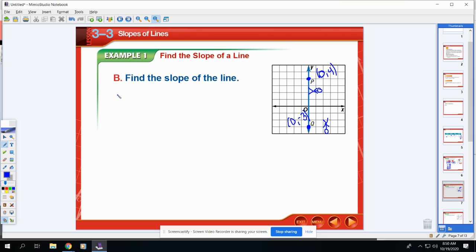All right, our formula again is rise over run, or y2 minus y1 over x2 minus x1. So here are our points. Our points are P, 0, 4, and Q, 0, -3. Again, I want to label these points x1, y1, x2, y2.